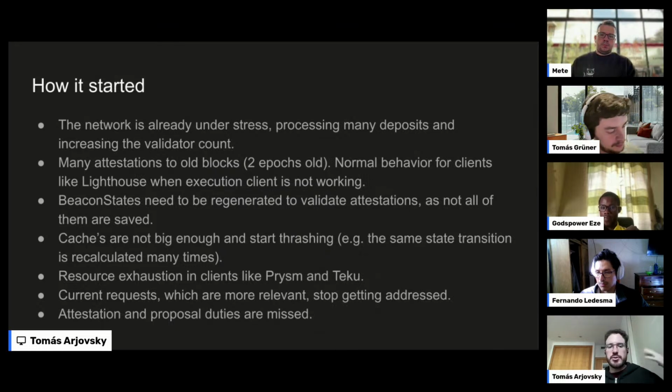The problem is that because of the size of the caches where they kept the states, they started replaying and regenerating a lot of states, right? Because these were very old. They definitely didn't have them in cache. And the cache was not big enough.